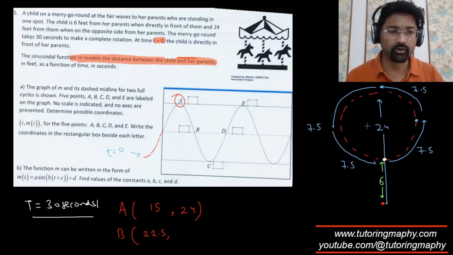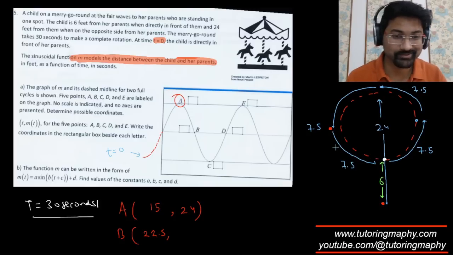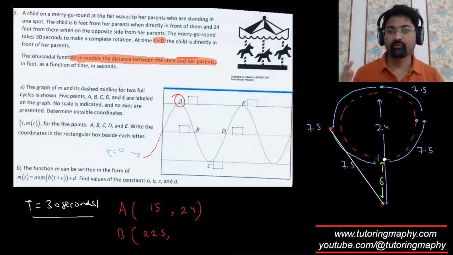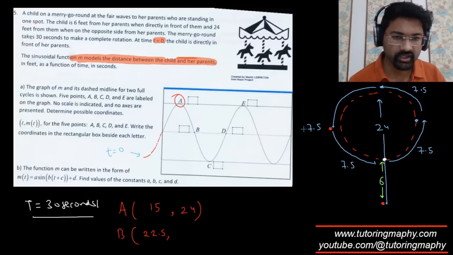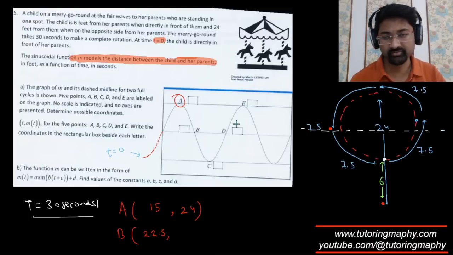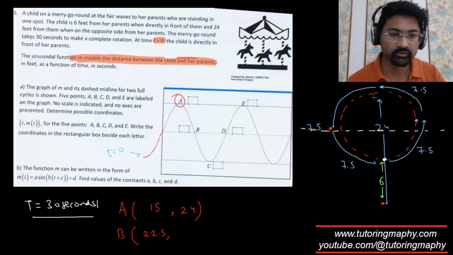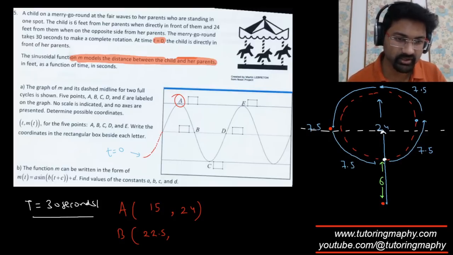If you're thinking that the child is over here, so the distance should be the hypotenuse, which we need to find using Pythagoras, it's logical. But here what they want to imply is the vertical distance. The child is over here, so they are looking for this distance, although they should have been more specific about which distance they want. But I'm telling you this is a part of the question: this is the vertical distance which they are looking for.